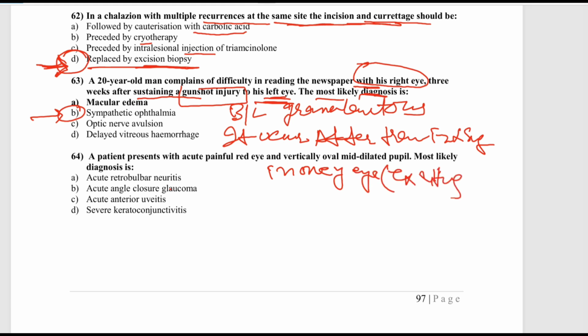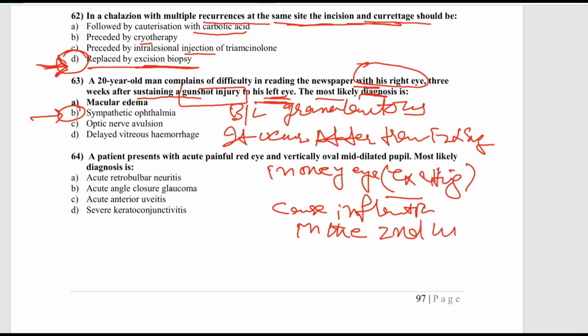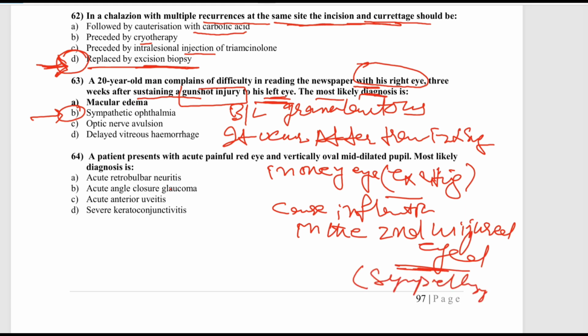The traumatized eye is called the exciting eye, and it causes inflammation in the second, uninjured eye. Remember this, okay? Second uninjured eye. That is known as the sympathizing eye. So this is known as sympathetic ophthalmia.